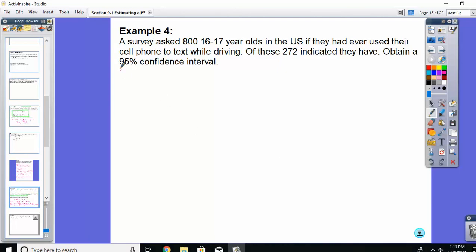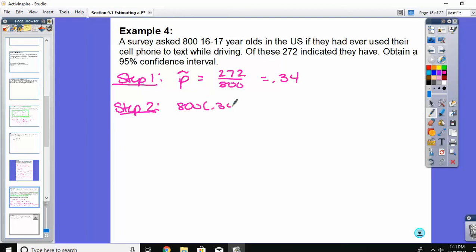Okay, so step one, p-hat. How will I calculate p-hat? Step two, we have to check the criteria, make sure we can do the p-hat stuff. So my n is 800, p-hat 0.34, 1 minus p-hat.